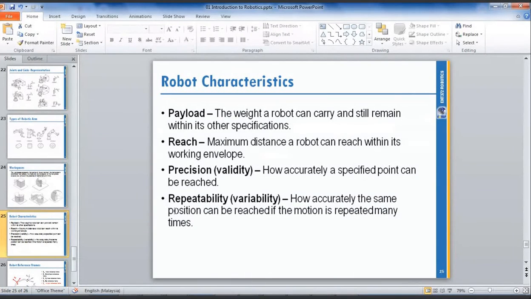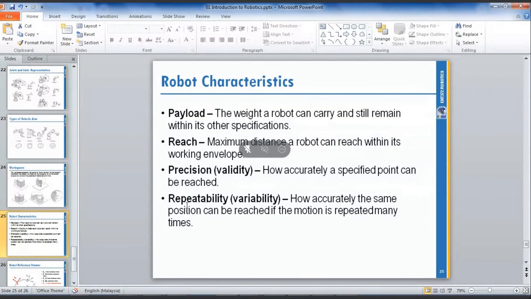And then repeatability. Repeatability is related to precision, but if you move the robot 100 times and the robot is able to put the object exactly at point A and point B, we call that very high repeatability.